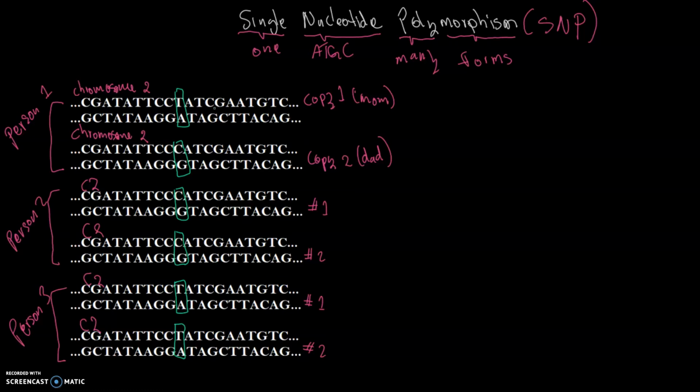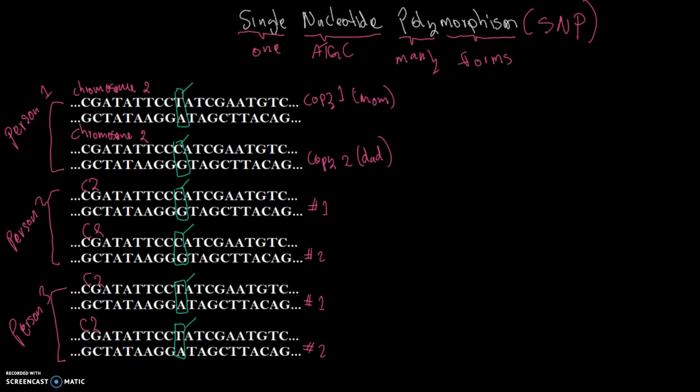So on this specific location of this DNA, we have AT and GC. But if we take a look at person 2, there is GC and GC instead of AT and GC. Person 3, however, also has an identical pair, but this time of AT and AT on either side of the 2 chromosomes.